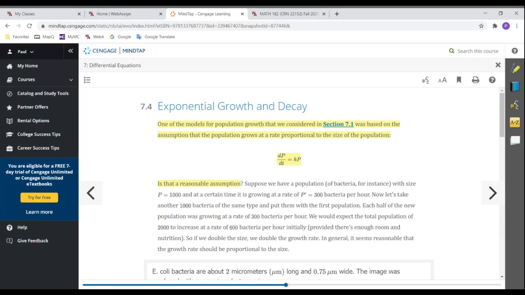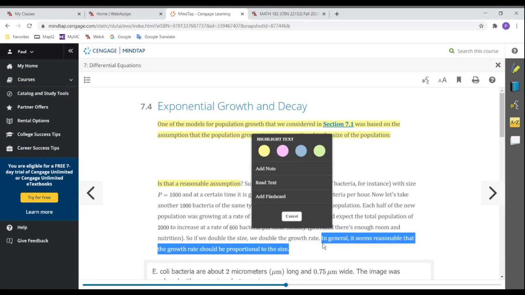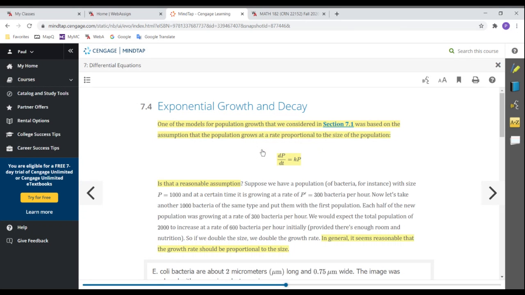Okay, and they talk about bacteria here, and they're saying for bacteria growth in general, it seems that the growth rate would be proportional to the population size.